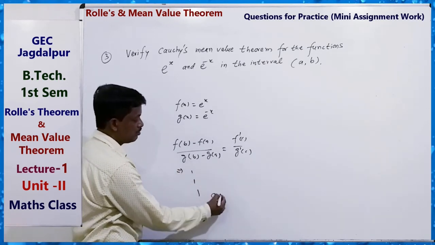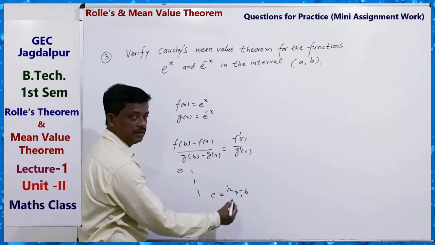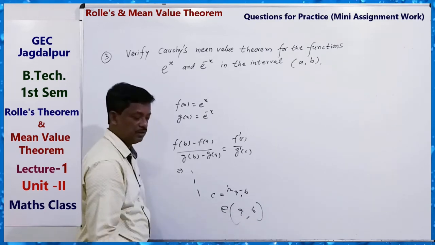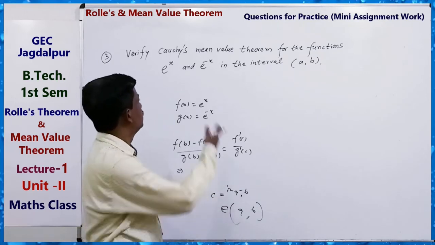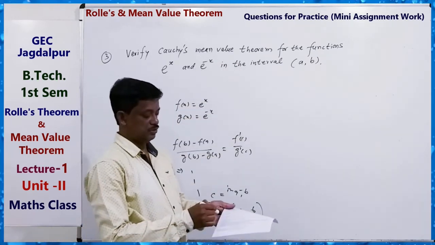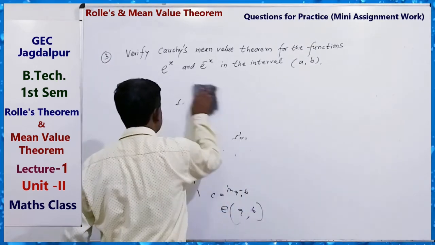Then you can get the value of c in terms of a and b, and that will belong to the interval (a, b). If c belongs to this, then the theorem will be verified for these two functions. Okay, so do it also in your copy. Now take another question.